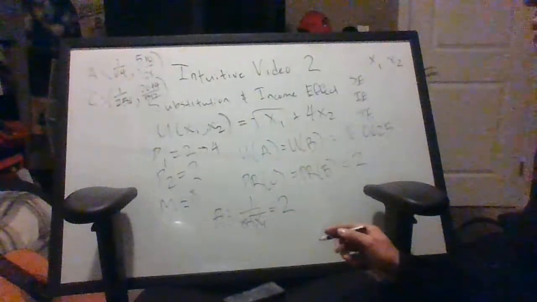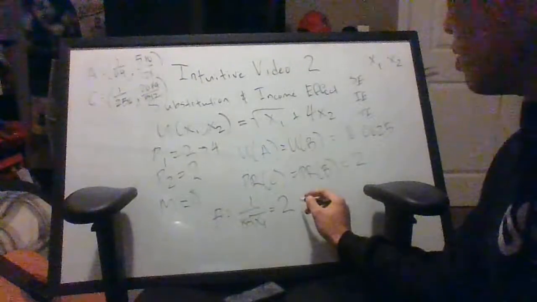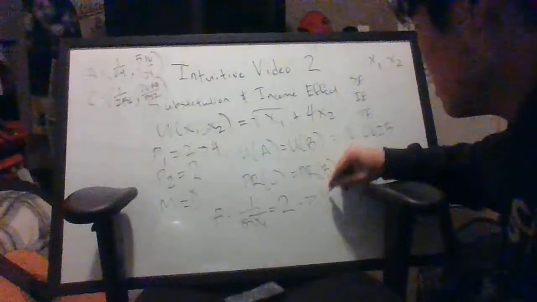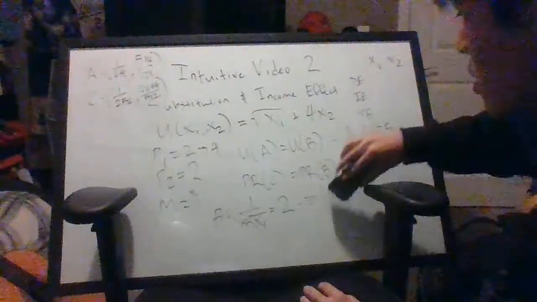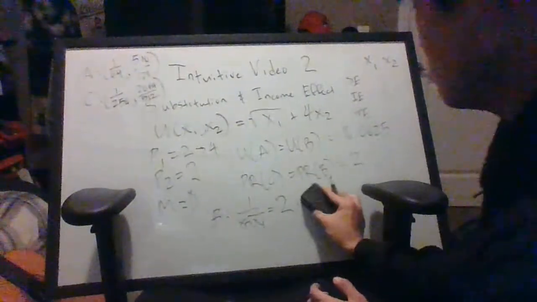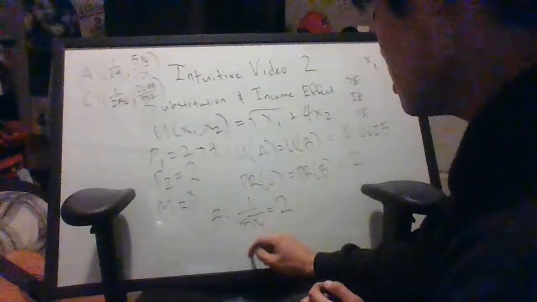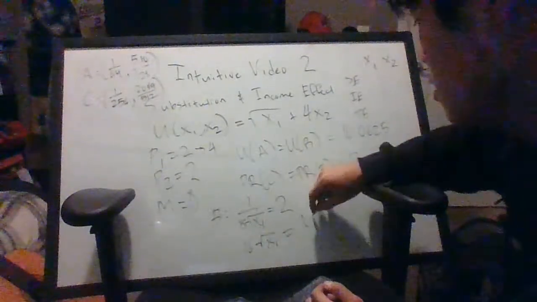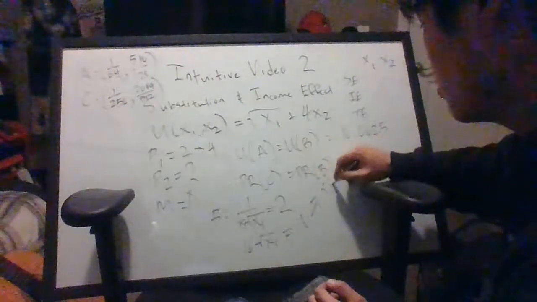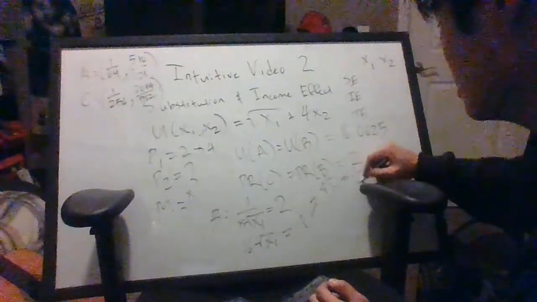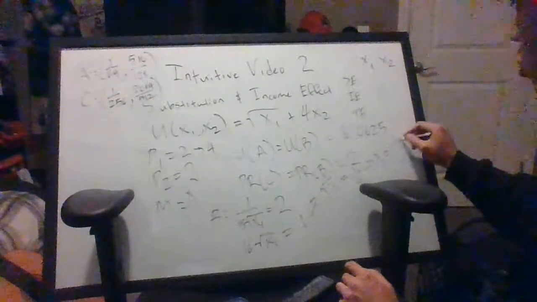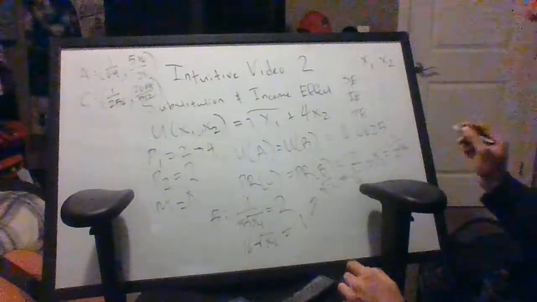When we set it like this, we get, again, 16 times the square root of x1 is equal to 1. So rearrange: the square root of x1 equals 1 over 16. Square both sides, and we get that x1 equals 1 over 256.